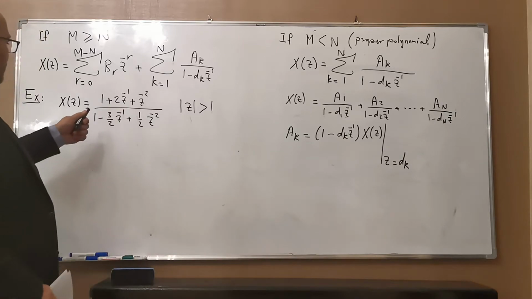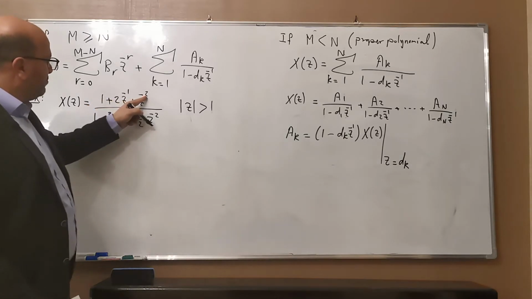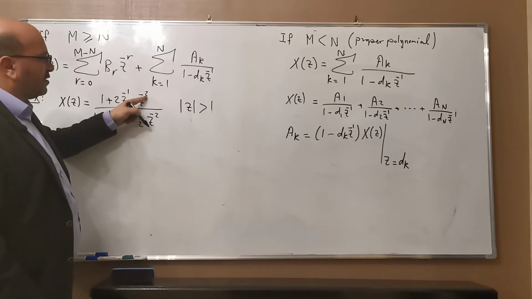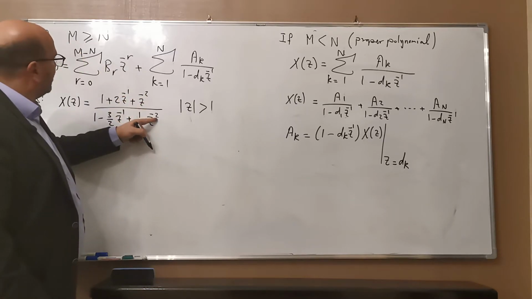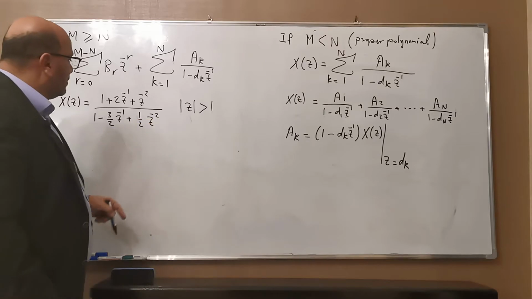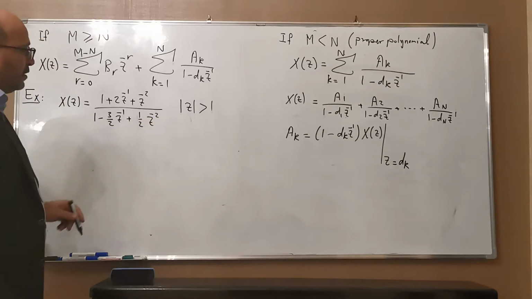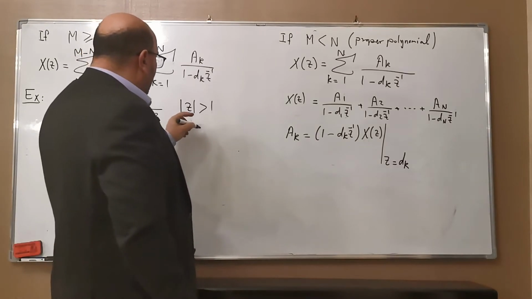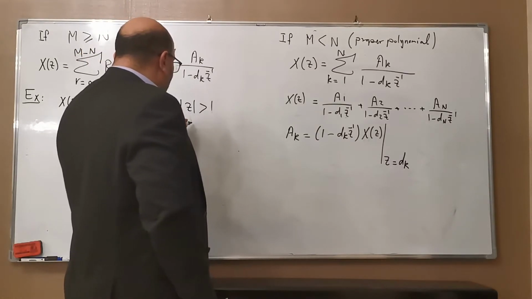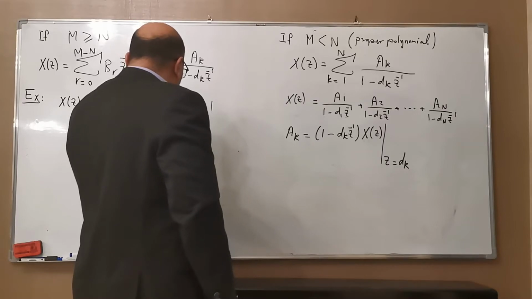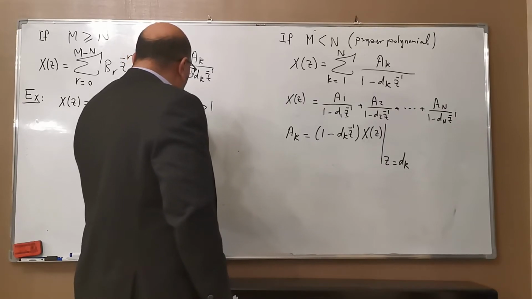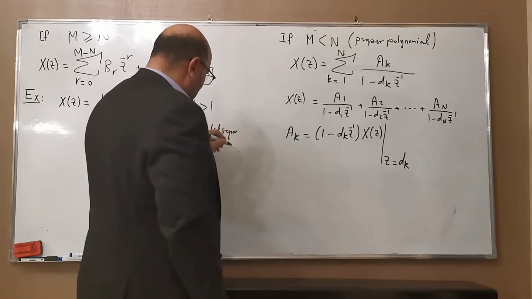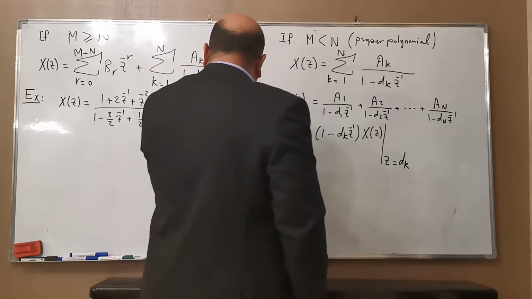If we look at this polynomial, the order M of the numerator is equal to the order N of the denominator. The second order polynomial, magnitude of z is greater than 1. This will help us with the region of convergence, which means that you will have a right-sided sequence in your answer.